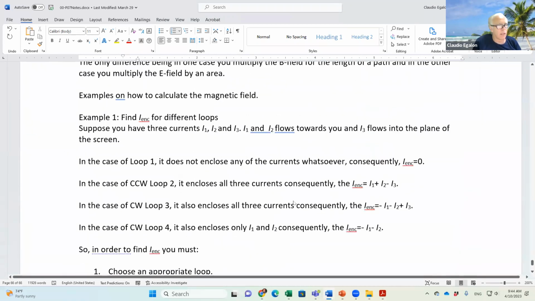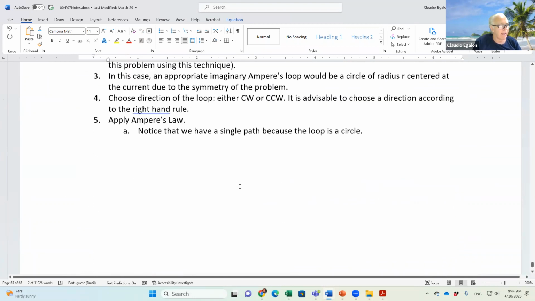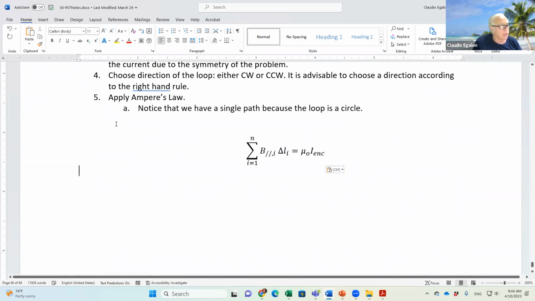So let's apply Ampere's law. Here we go.